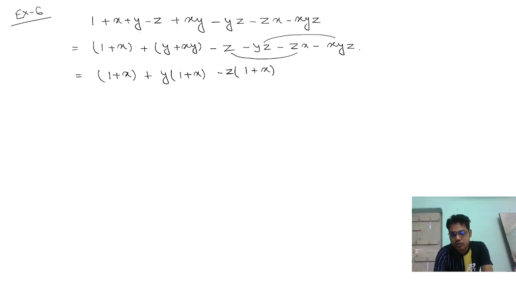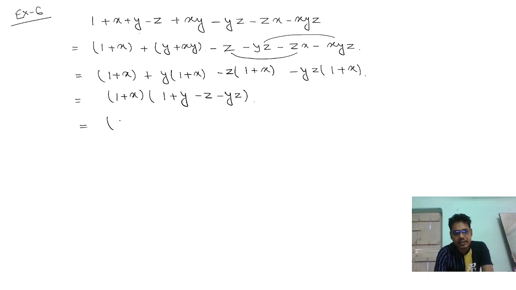Now make these two together, so minus yz common, so it will be 1 plus x. So now in all the terms we can find one term is common, that is 1 plus x. Take 1 plus x common. So here left is 1 plus y minus z minus yz.